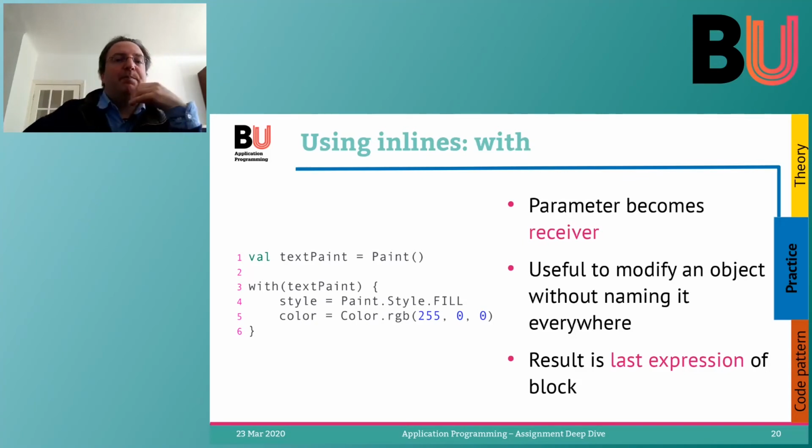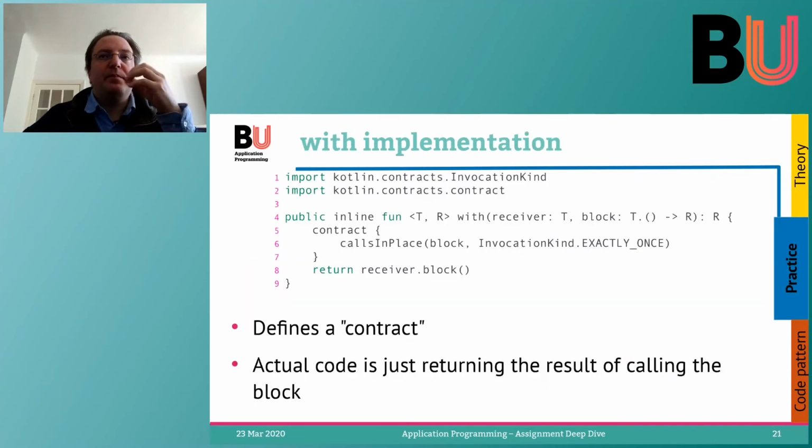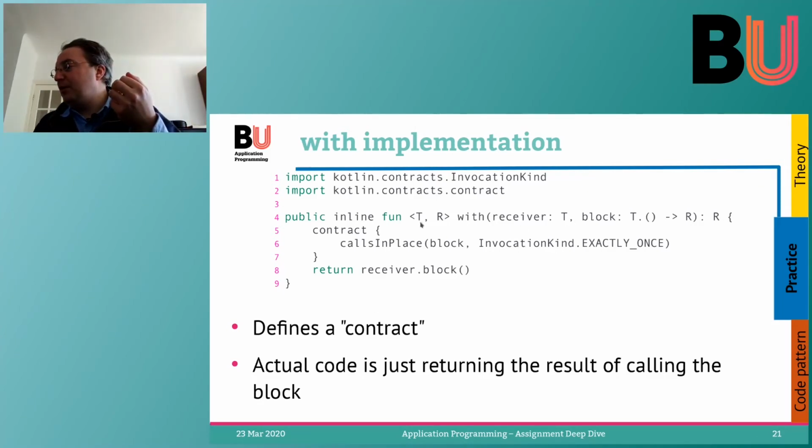So how is this implemented? Basically, with again has a contract, but rather than returning the passed-in object, it returns the result of calling the block. You can see that, for example, here we have this R return value.